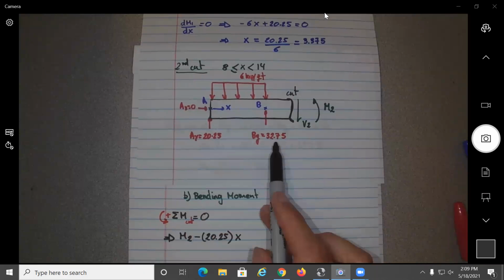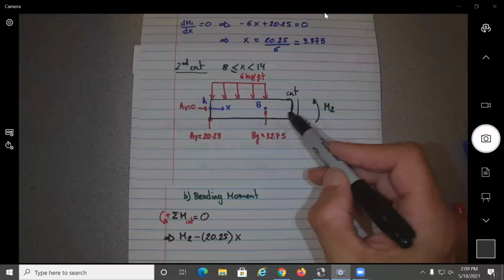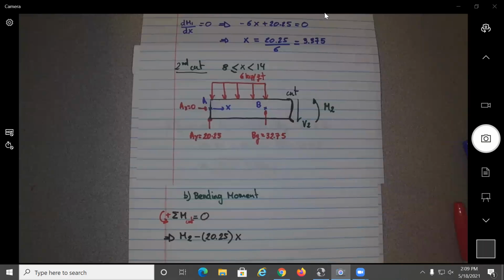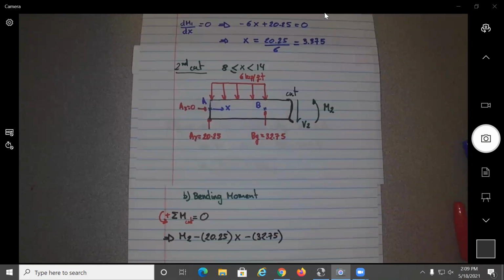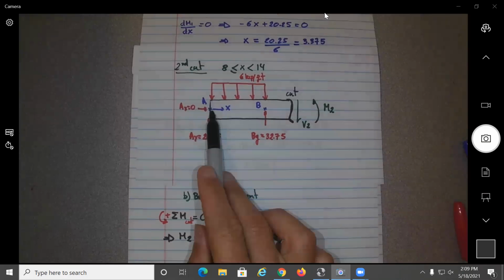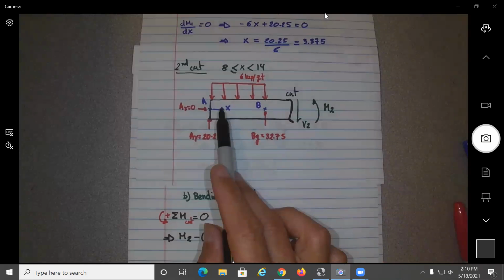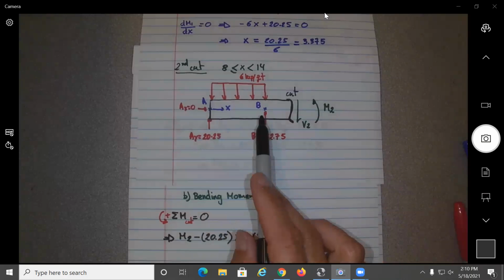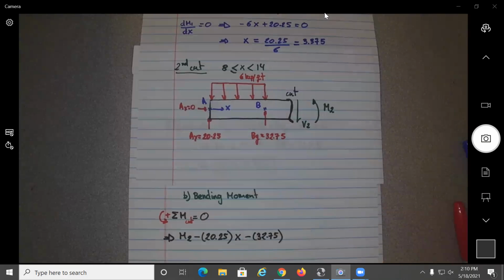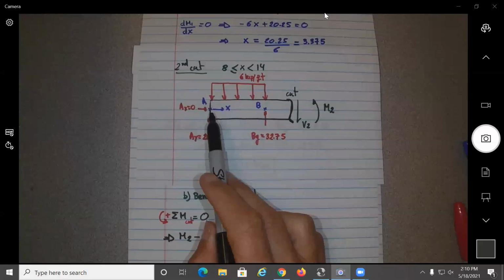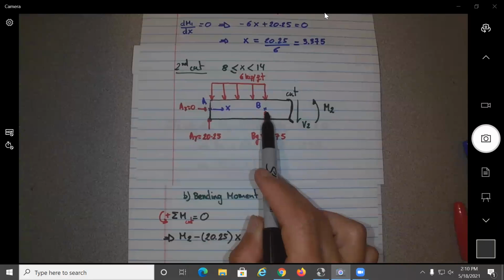Now let's look at the one of the BY. BY will also create a moment going clockwise. So that should also be negative. Minus 32.75. So this is the value of the force. What will be the arm? X minus that distance, no? Which is 8. So X minus 8. That distance between A and B is 8 feet.